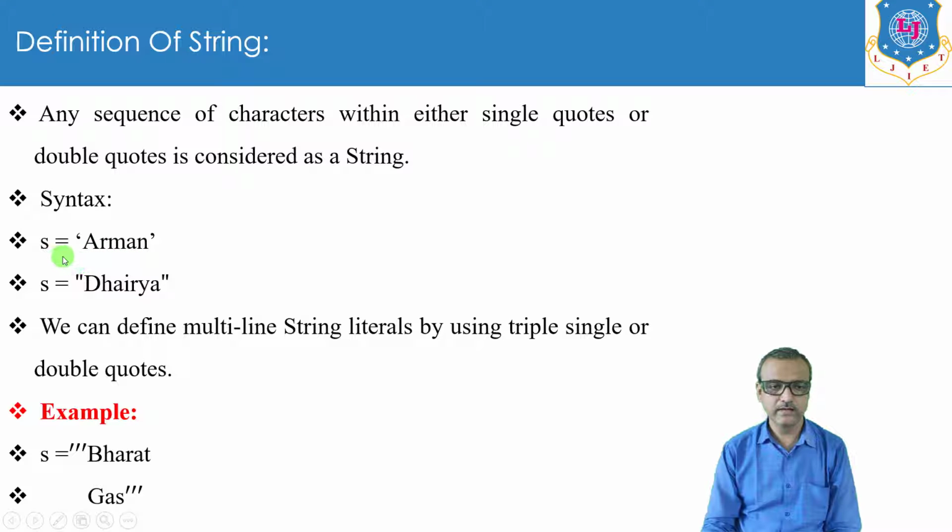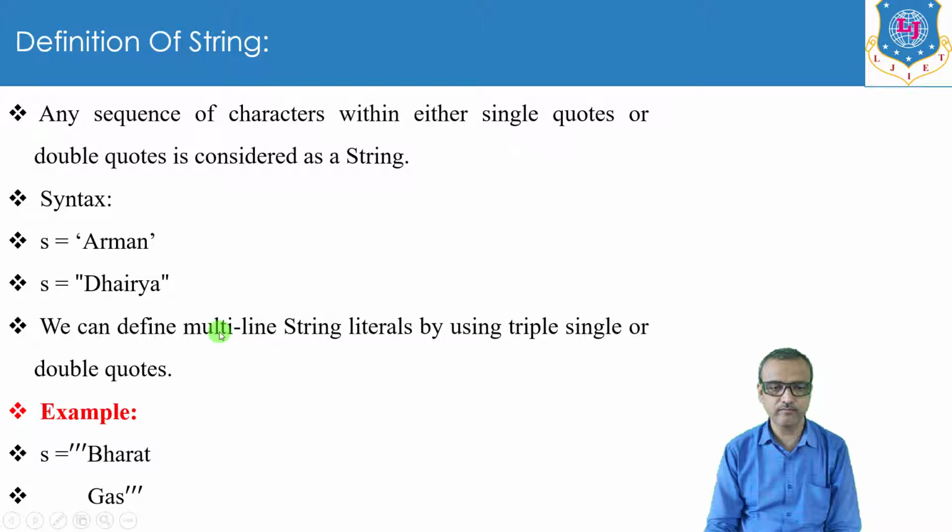We have created a string Arman using single quotes. S = "Darya". Here we have created a string Darya using double quotes. In both cases, we are storing the result in variable S.